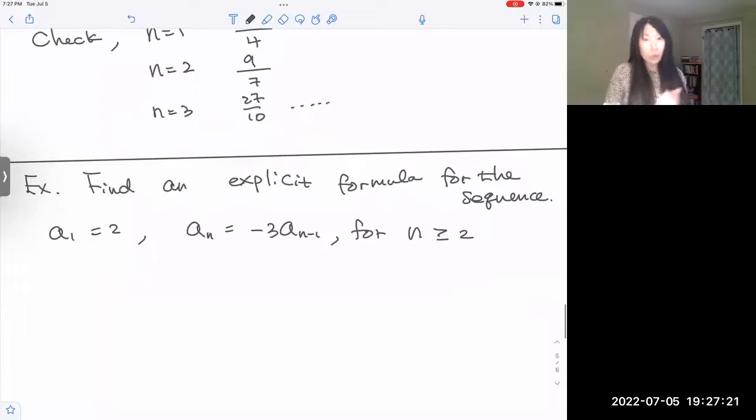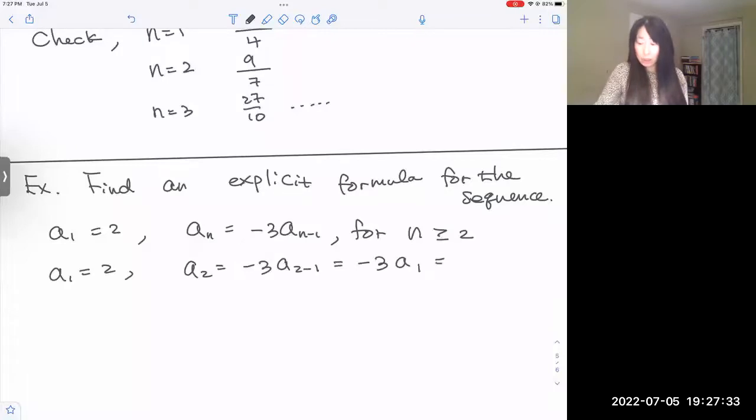Okay, so let's expand. a sub 1 equal to 2, a sub 2 equal to negative 3 times a sub 2 minus 1, that is negative 3 times a sub 1, that is negative 3 times 2, which is negative 6.